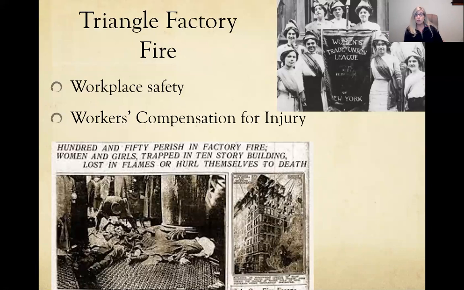Well, the business owners of the Triangle Factory were frustrated, and they wanted to make sure that their workers were as efficient as possible. Remember, we talked about scientific management, making sure that they're working as fast as they possibly can. And they were frustrated and worried that the women were taking too many breaks and not being focused on their work. So when the women were in the factory room, they padlocked a chain around the door handles to the factory room.